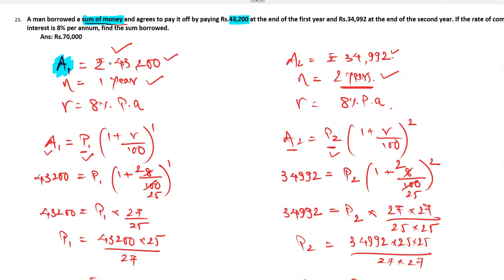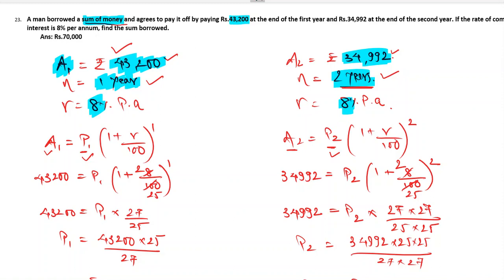So I took A1 as 43,200, for 1 year, because after 1 year this much amount was paid back out of the total sum borrowed, and at the end of 2 years 34,992 was paid off. So some part of the amount borrowed was used for 2 years, some part for 1 year. Rate is 8% per annum for both the years.